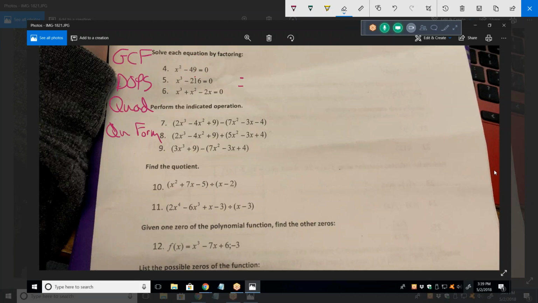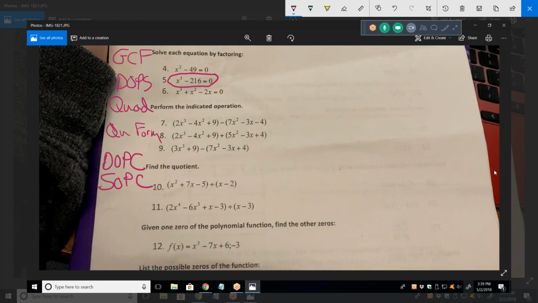Number 5. Oh, we have a difference of perfect cubes, and we probably have the sum of perfect cubes. I didn't know you'd gotten that far, but that is definitely the difference of perfect cubes.